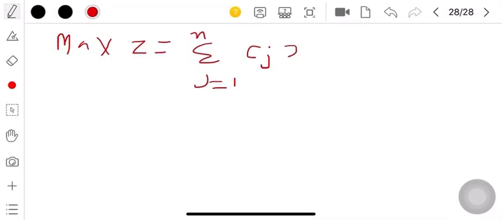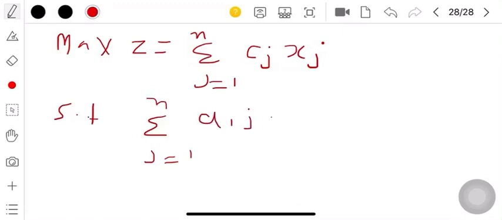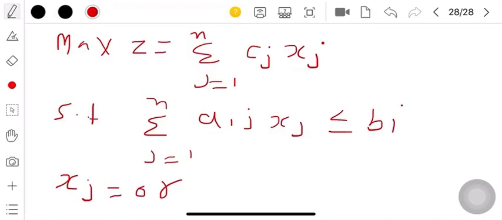Suppose a problem is given as maximize z equals summation j equals 1 to n cj xj, subject to summation j equals 1 to n aij xj less than or equal to bi, and suppose the values of xj are 0 or 1 for all j equals 1 up to n.